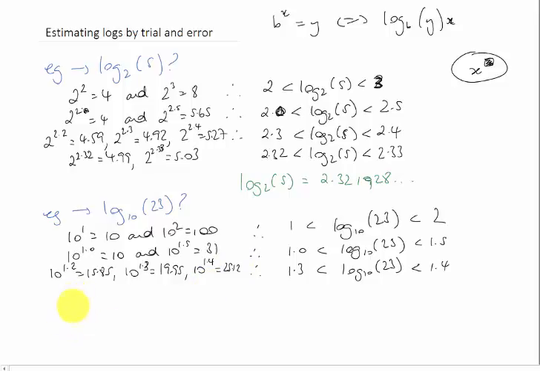And just one more decimal place, and I did some calculations, and 10 to the power 1.36 is 22.91, and 10 to the power 1.37 is equal to 23.44. So log in base 10 of 23 is in between 1.36 and 1.37. So that's quite precise, I think.